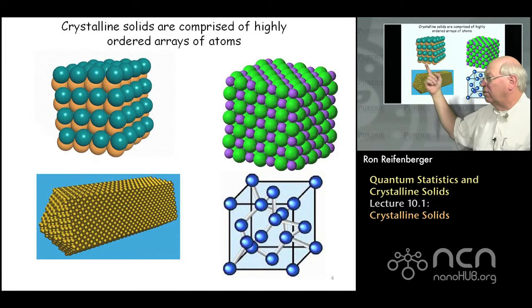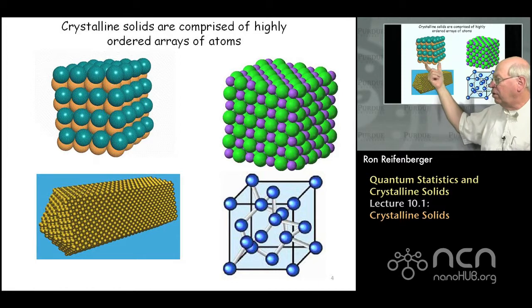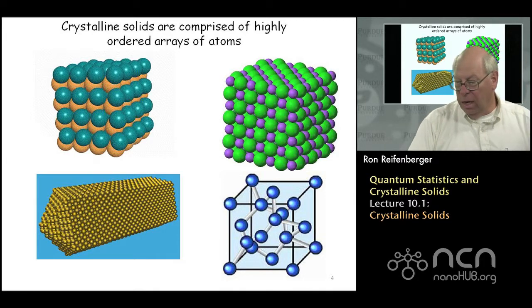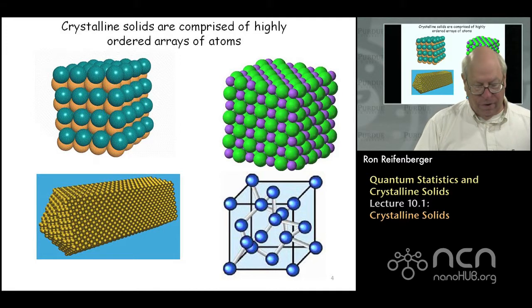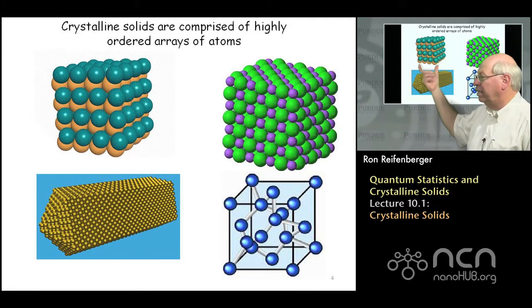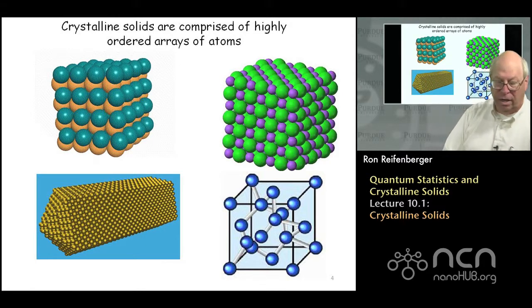The different colors represent different atoms, different chemical elements, basically. And the point to take away from this diagram is that these crystalline solids contain ordered arrays of atoms, and these ordered arrays of atoms produce very interesting properties for the electron states that exist inside these solids.